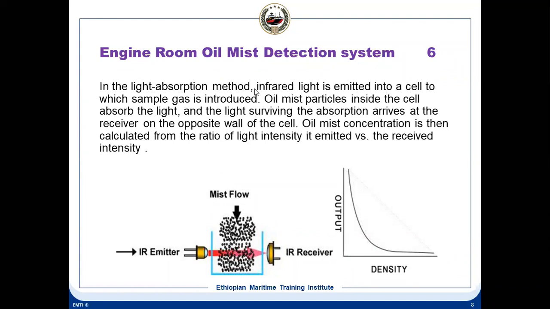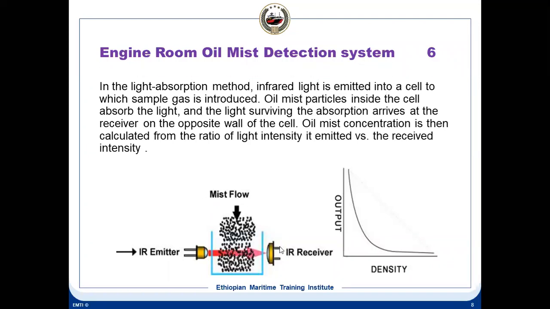So in the light absorption method, infrared light is emitted into a cell to which sample gas is introduced. Oil mist particles inside the cell absorb the light, and the light surviving the absorption arrives at the receiver side. Oil mist concentration is then calculated from the ratio of the light intensity emitted versus the intensity received. So this is the basic working principle of the engine room oil mist detection system.